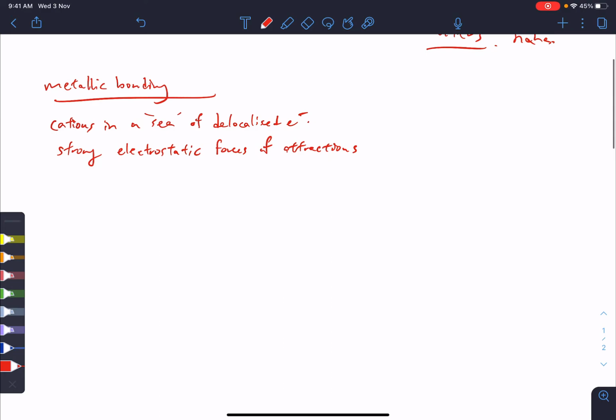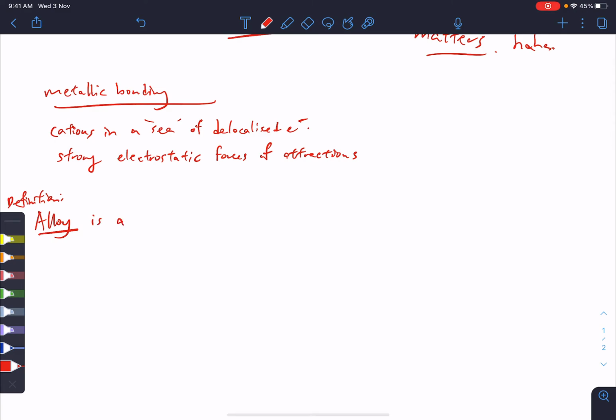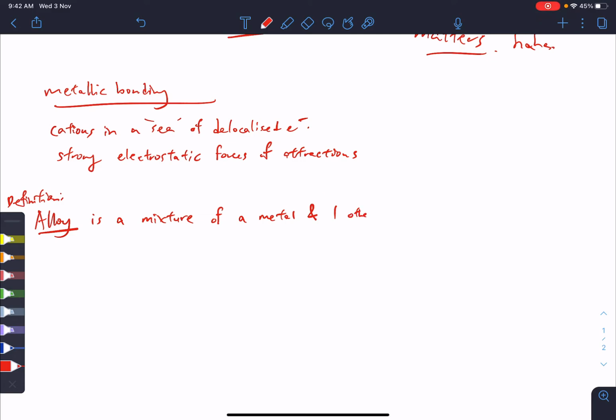So the new property is there's this thing called alloy. You also need to know the definition of an alloy. Not that they always ask, but it can be tested. An alloy is a mixture of at least a metal and at least one other element.